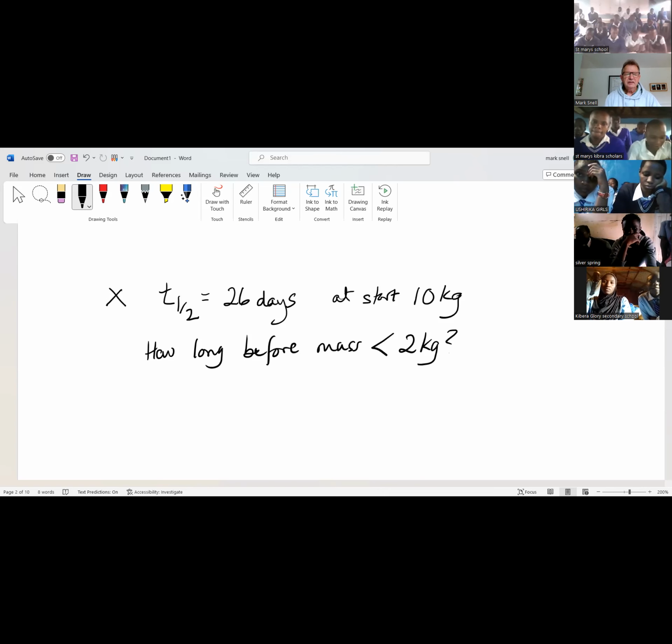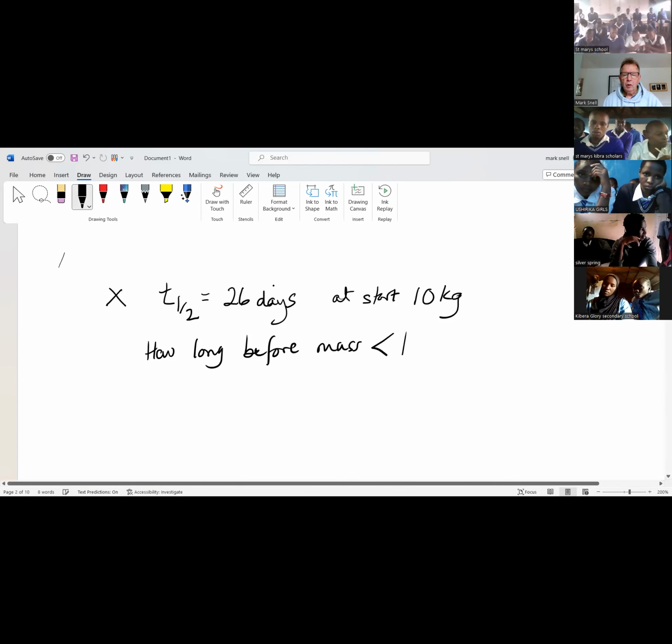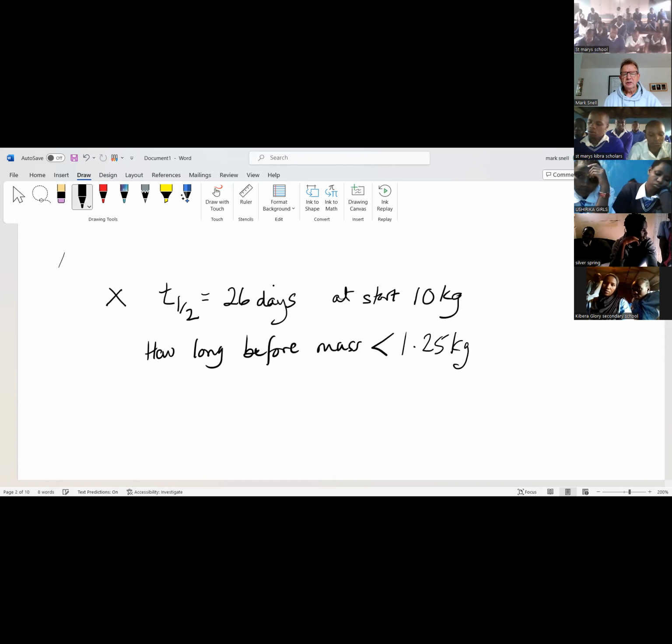I might make it easier just this time to start with because we haven't done one of these before. So let's make it a bit easier. Let's make it 1.25 kilograms.